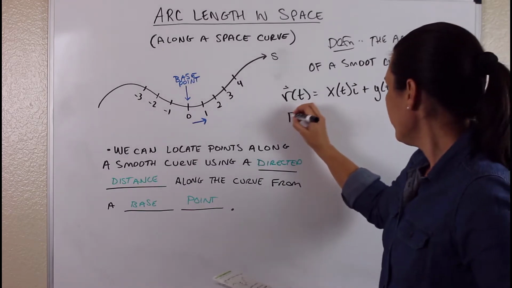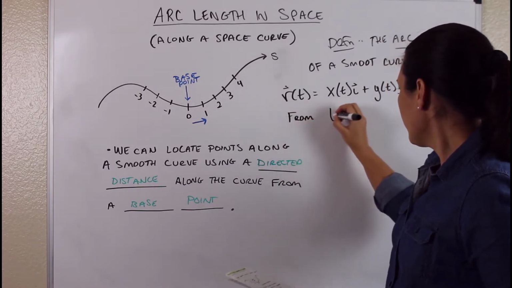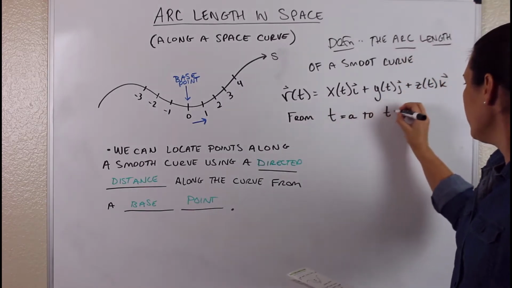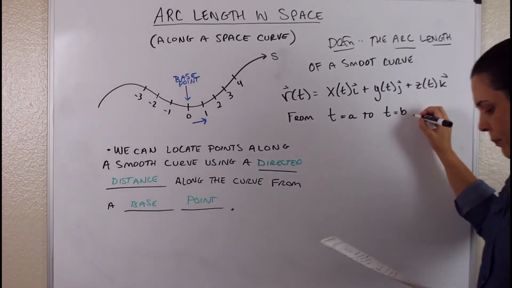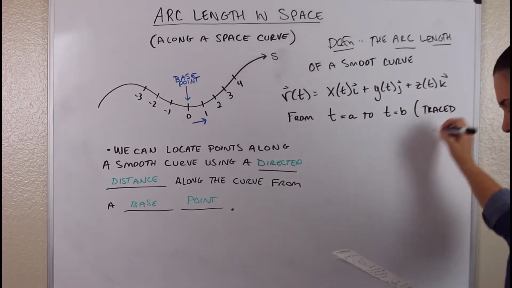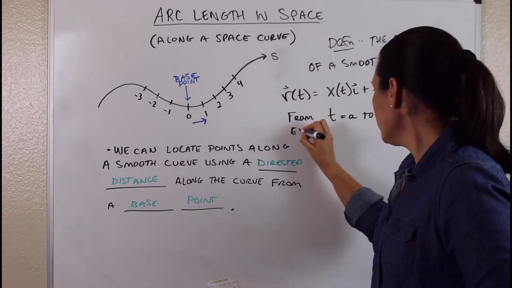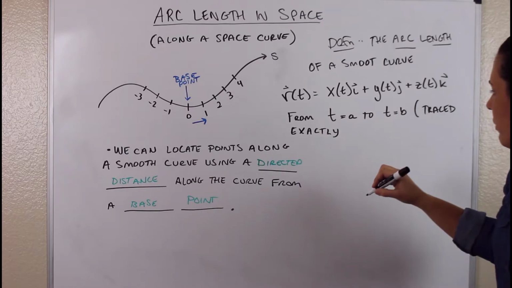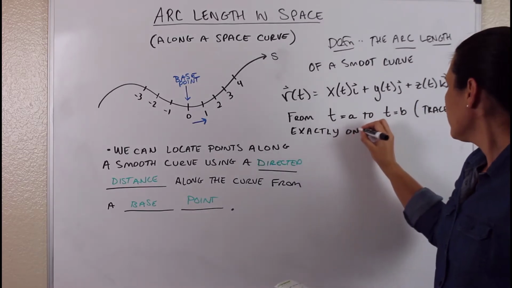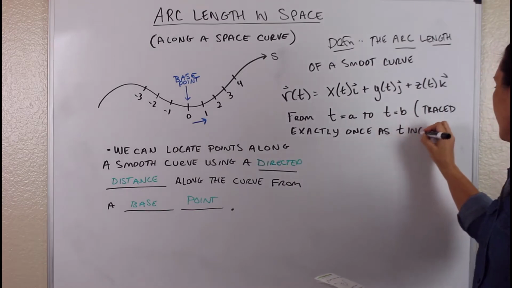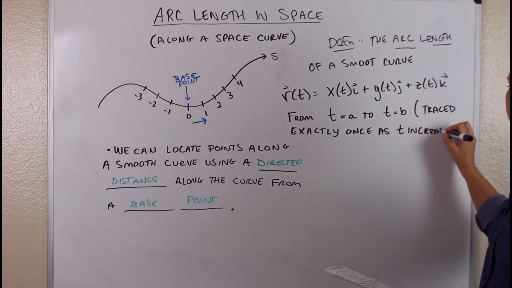This is from some starting point, t equals a, to some ending point, t equals b. And just to be very specific, traced exactly once, so we're not circling around on our curve, as t increases.